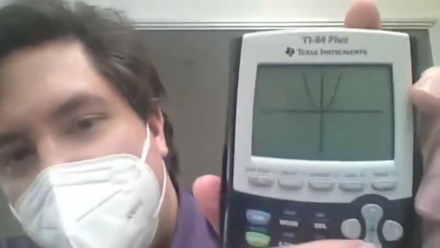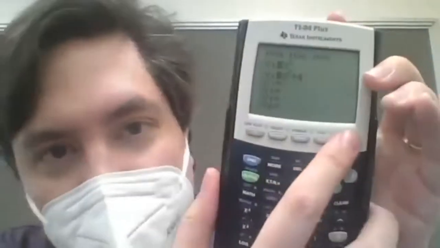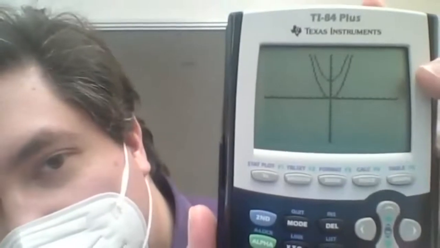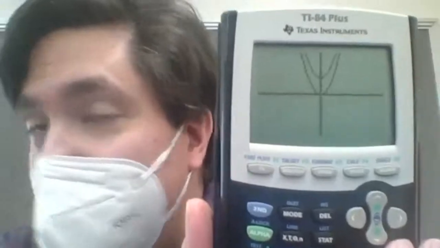That's the parent function. And then if we want to see how we can transform it, if we do x squared plus 4, and type that in, go ahead and push enter there, and we want to graph it. And then what you'll see is we now have a second parabola, and lo and behold, it is 4 notches up above where the other one was, so that you can kind of see this movement in action.